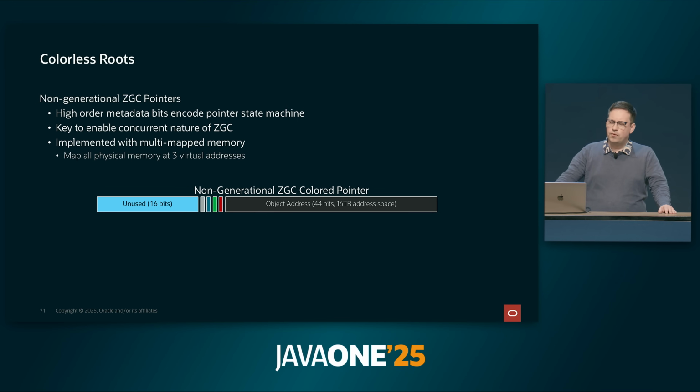Before generational ZGC, we had these 3 metadata bits in the high order bits of the pointers, implemented by mapping the same virtual memory 3 times to the same physical memory. And this allowed us to deal with the various concurrency perils of writing a concurrent GC.